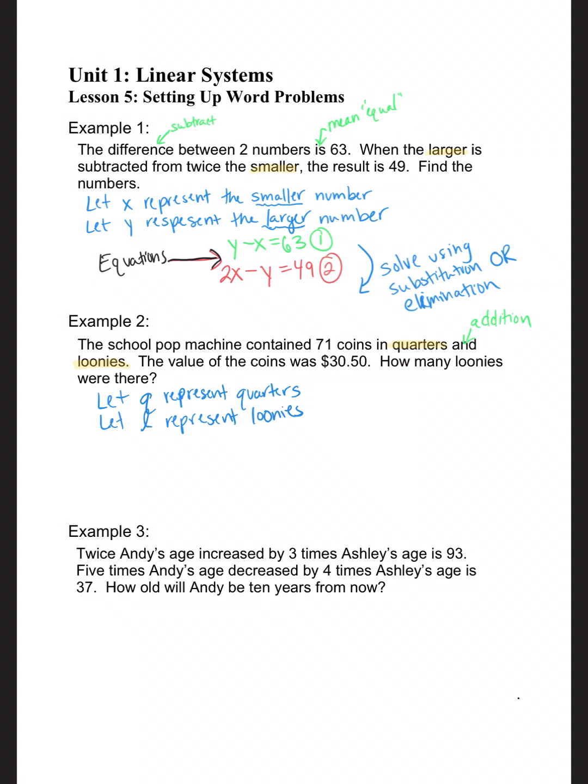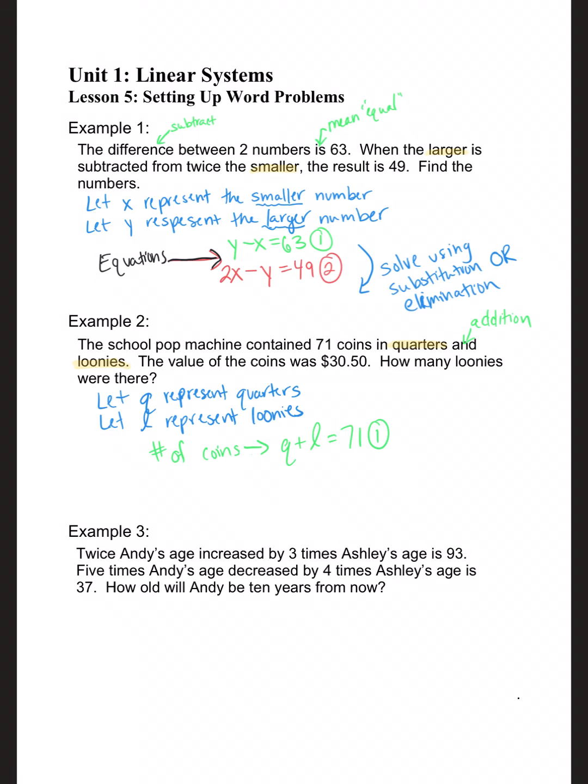So we'll write an equation for the number of coins in the machine. When we add our quarters plus our loonies, there should be 71 coins. That's my equation 1.